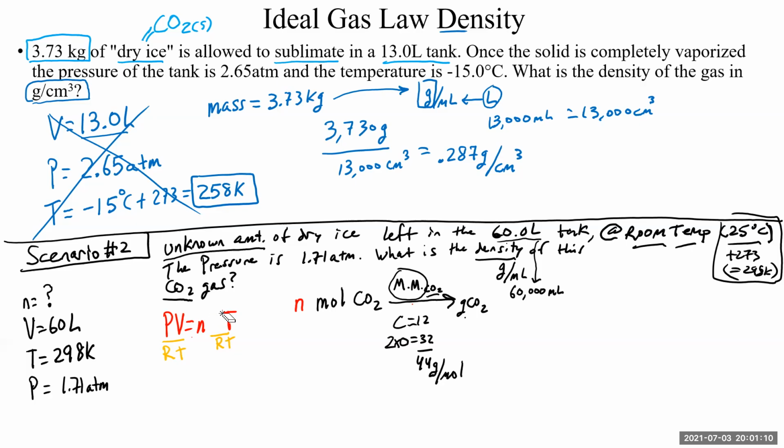So the RTs cancel out. I end up with n equals PV divided by RT, number of moles of CO2, and then I can take those moles, and I know that every 1 mole of CO2 will give me 44 grams, and that'll give me grams, and I can put grams divided by 60,000 milliliters to get density.